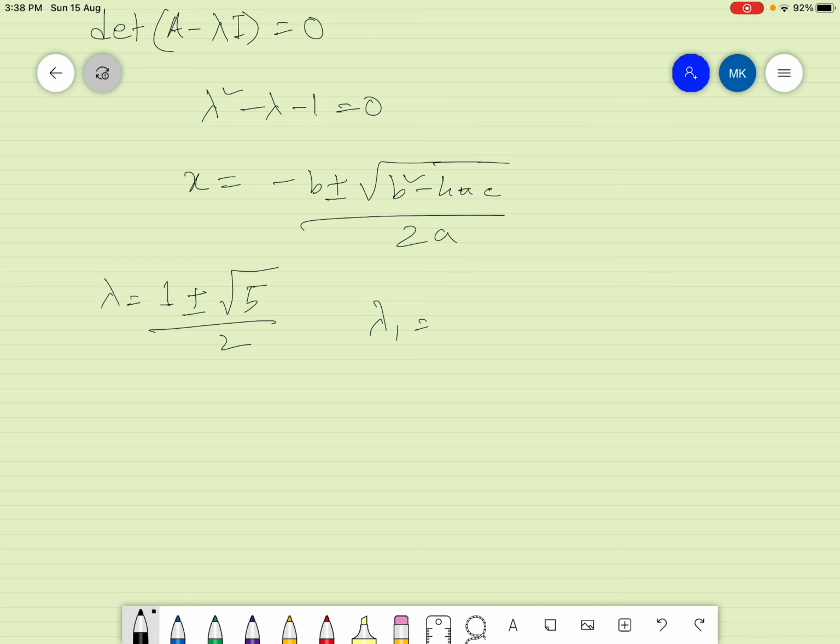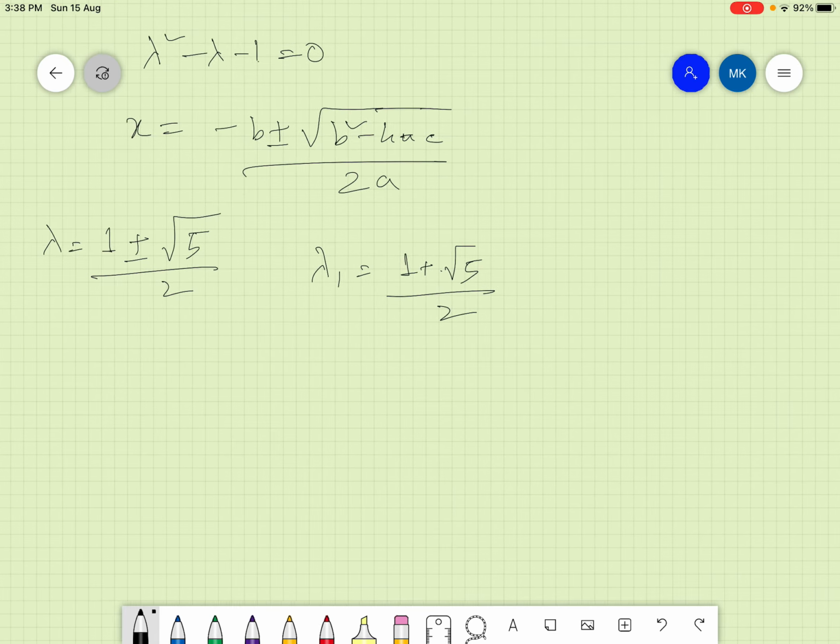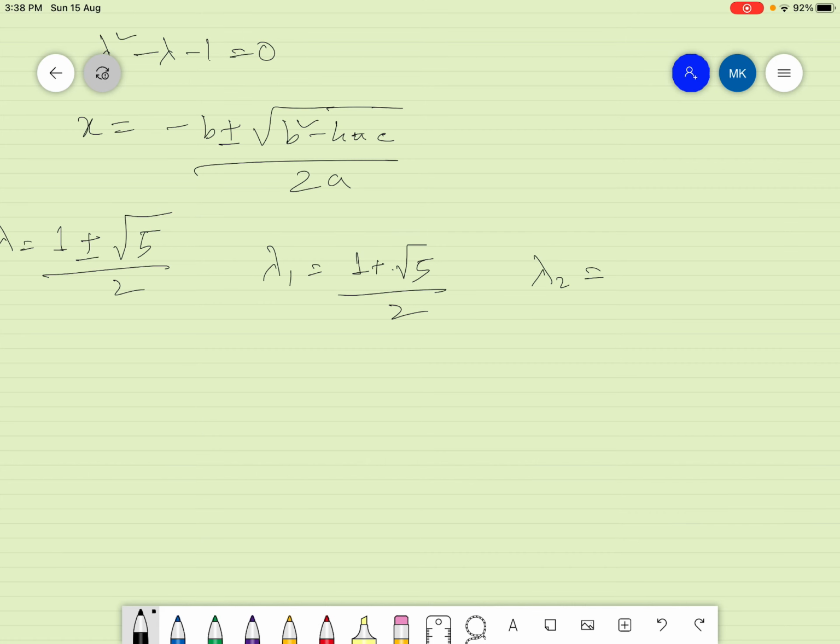So lambda 1 should be (1 plus root 5) divided by 2, and lambda 2 should be (1 minus root 5) divided by 2, right?